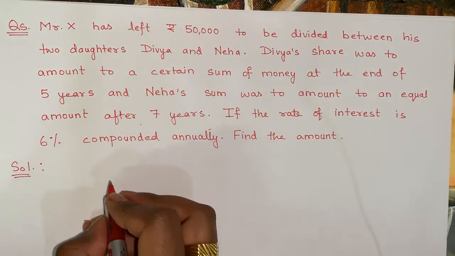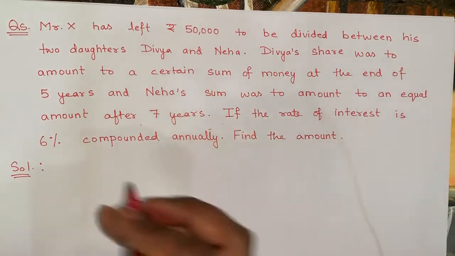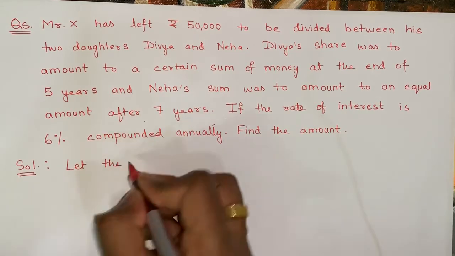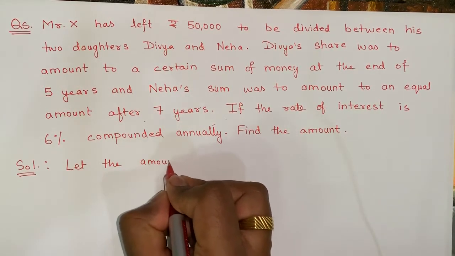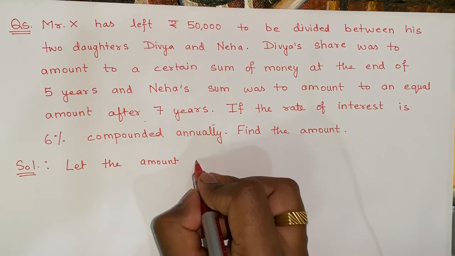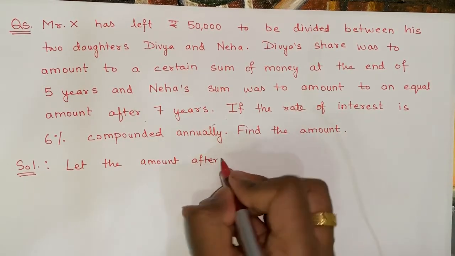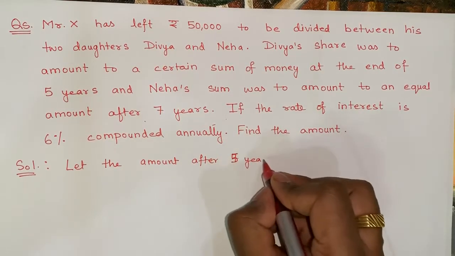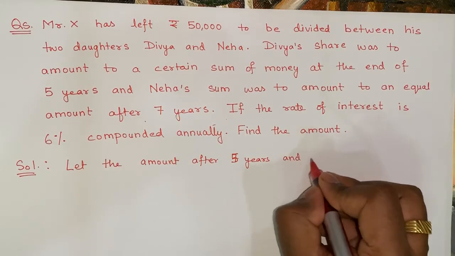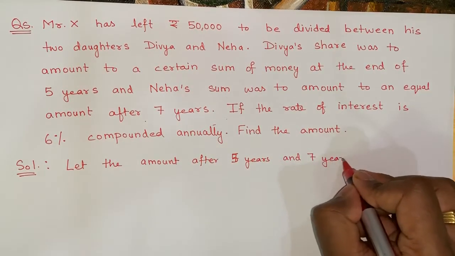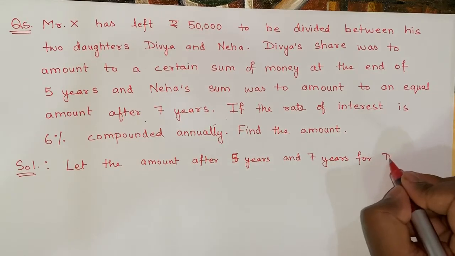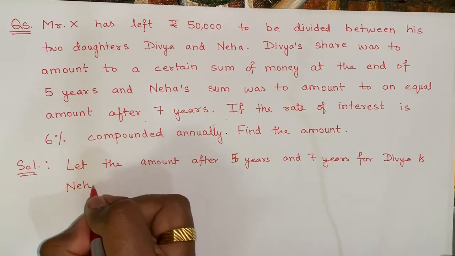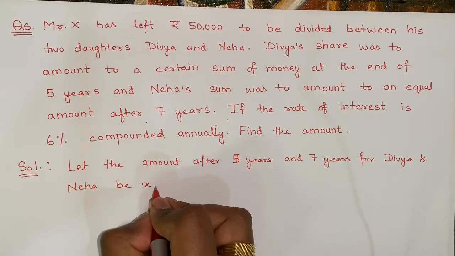So we all know that both will be getting equal amounts. So let the amount after 5 years and 7 years for Divya and Neha be x.